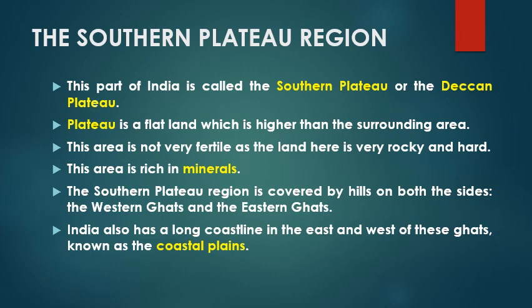This term also we read in our first chapter. So this peninsula region, as we have studied, is covered with water from three sides. So this area where the land meets water is called coast and the coastal plains.